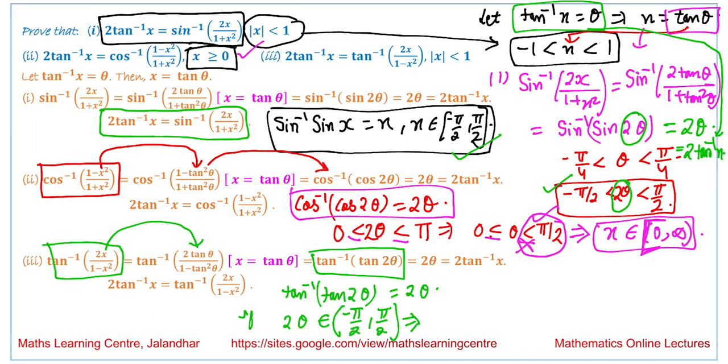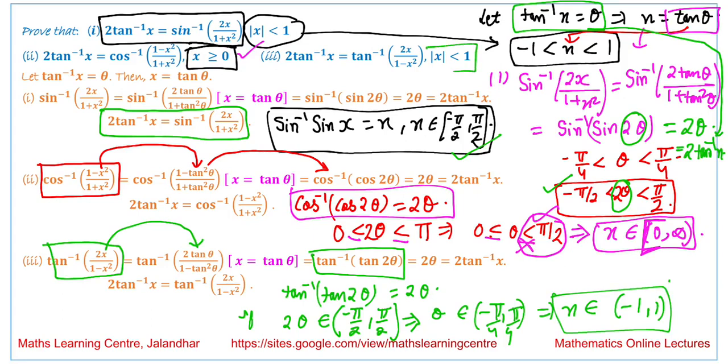This implies that theta belongs to minus pi by 4 to pi by 4, and x belongs to the interval -1 to 1. So this is the condition we have: mod of x is less than 1. Then we will have tan inverse of 2 theta equal to 2 theta, and theta we have assumed is tan inverse of x. So we obtain this formula in this interval.